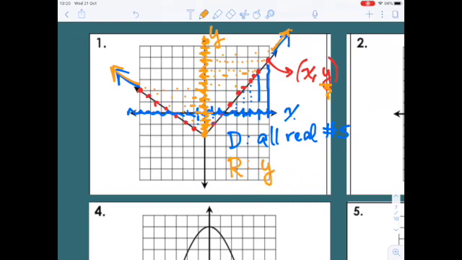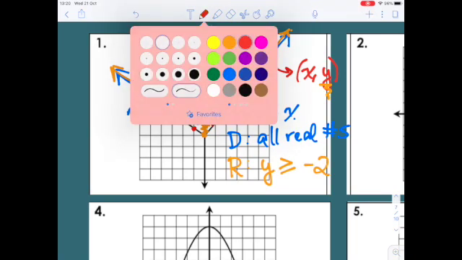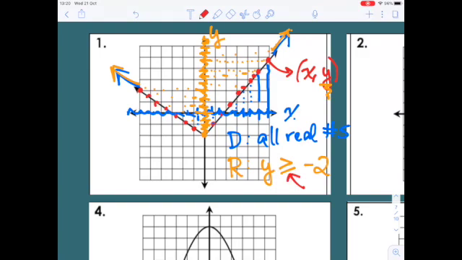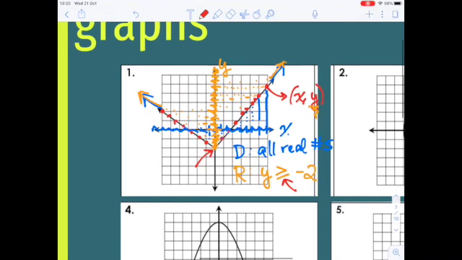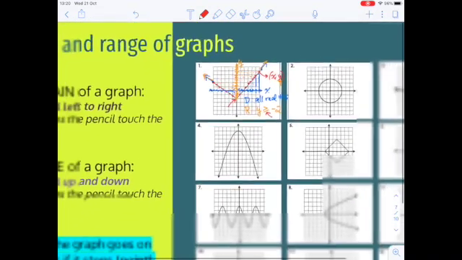How do I write this in mathematical language? My y value has to be greater than or equal to -2. And it's equal to because in this case, this minimum point is included in your graph.